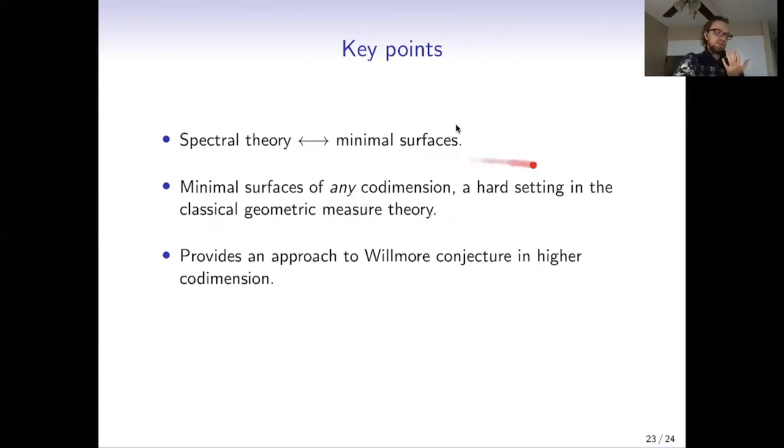And this could give a tangible approach to that problem. It's not necessarily easier, maybe, but this is one way to approach it. For example, the original paper of Li and Yau was exactly about the Willmore conjecture. In the paper where they computed lambda 1 of RP2, they were actually doing something for the Willmore functional.